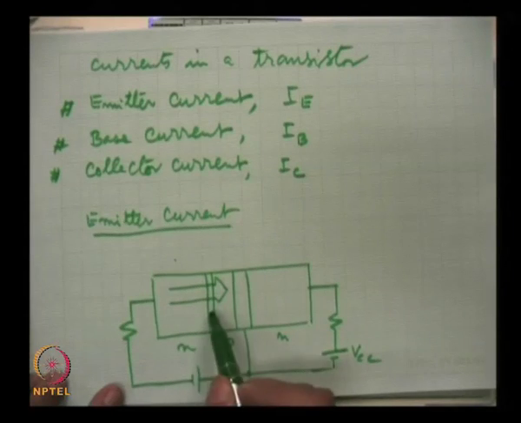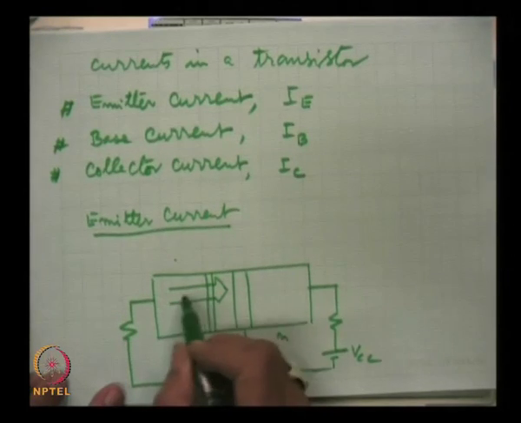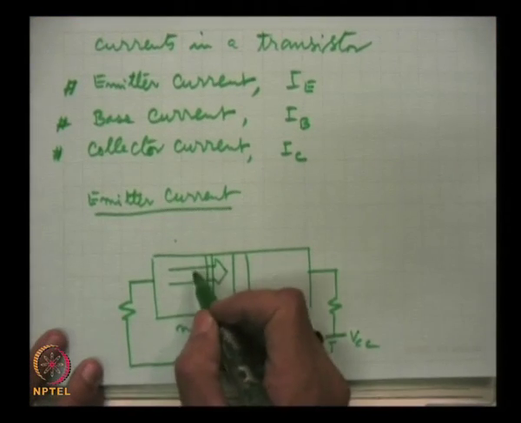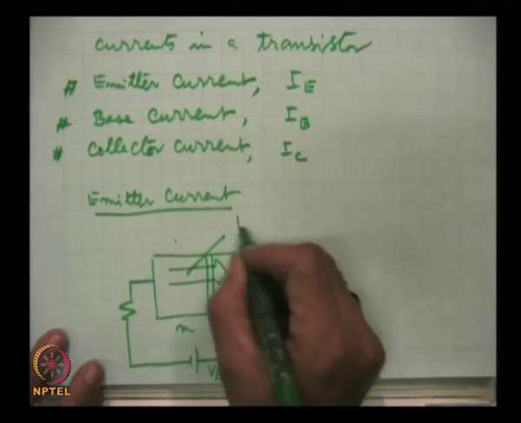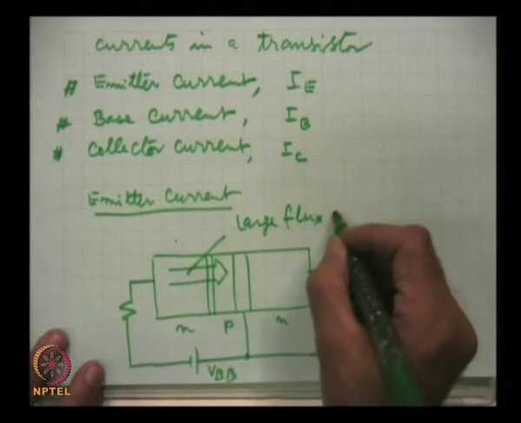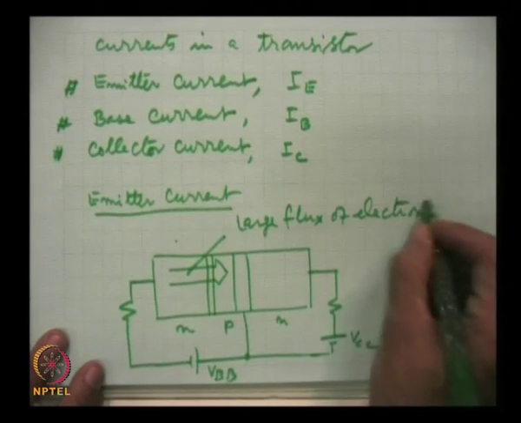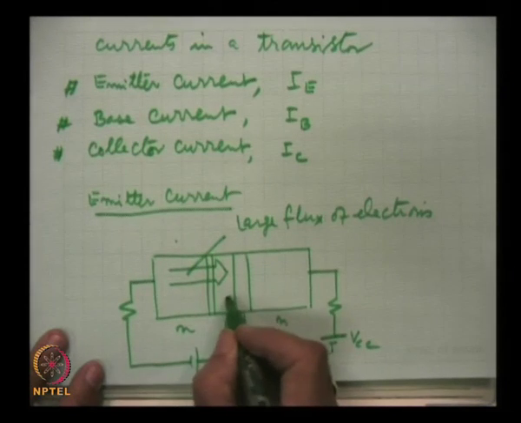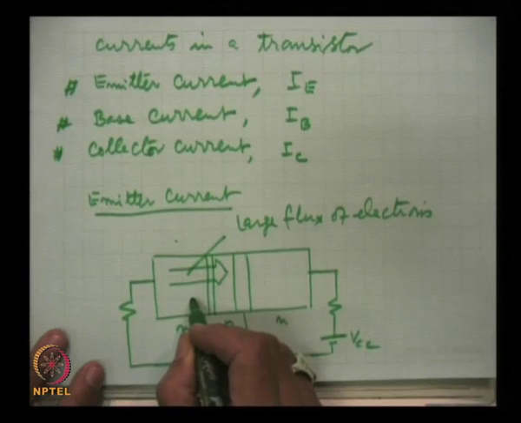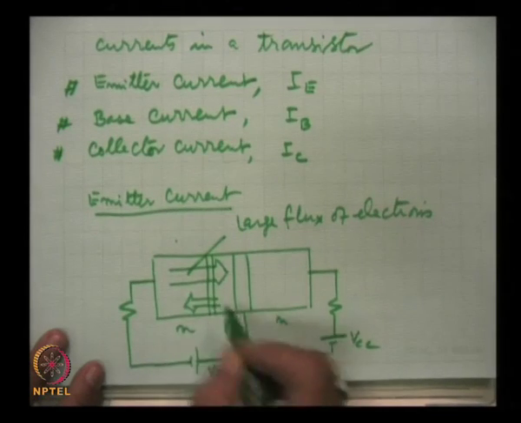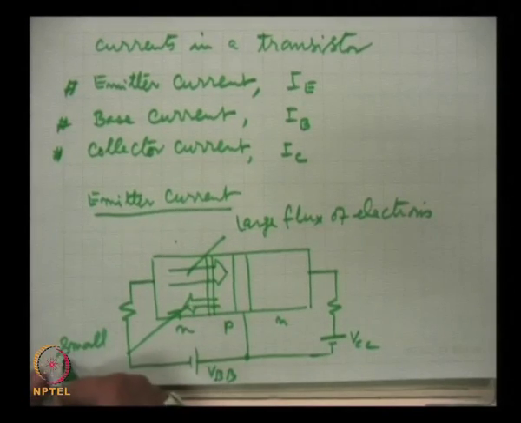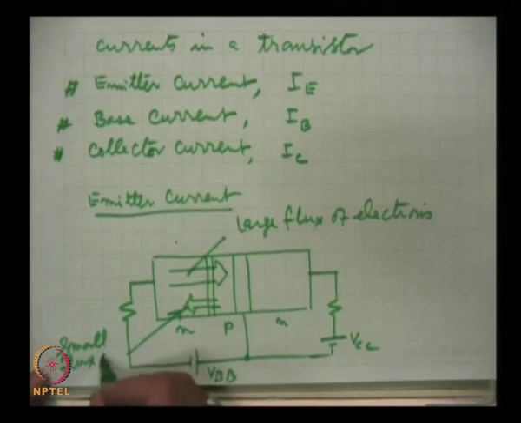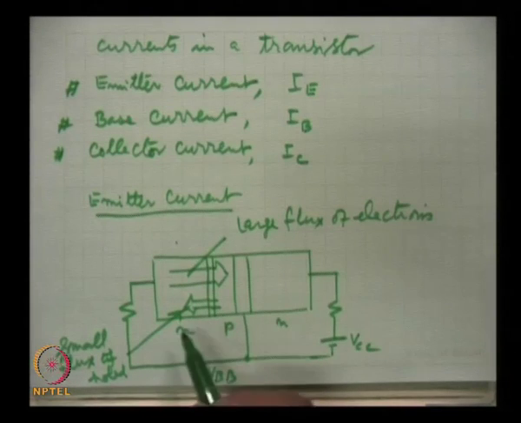This is the emitter junction, forward biased. So, a very large flux of electrons will be injected into the base, and here there is a small flux, a small number of holes, and the direction of hole flow is the direction of current.